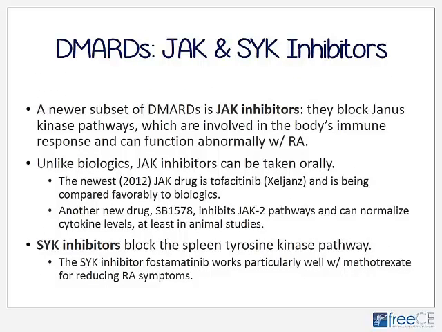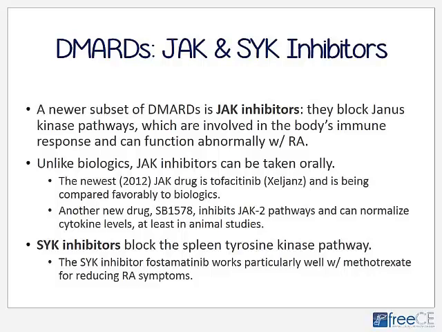Another newer subset of the DMARDs are called JAK inhibitors because they block the so-called Janus kinase pathways that are involved in the body's immune response, and these are supposedly out of whack in people with RA.